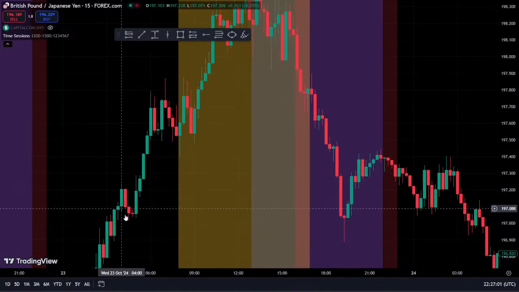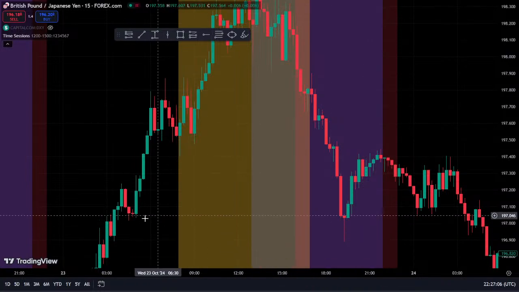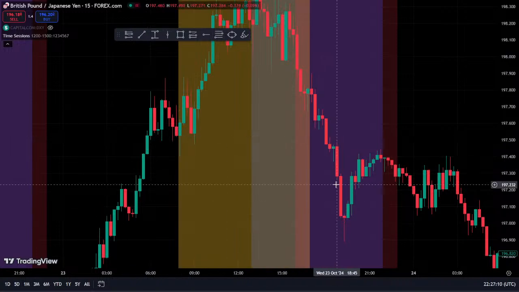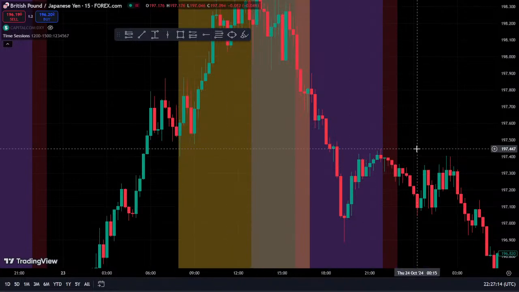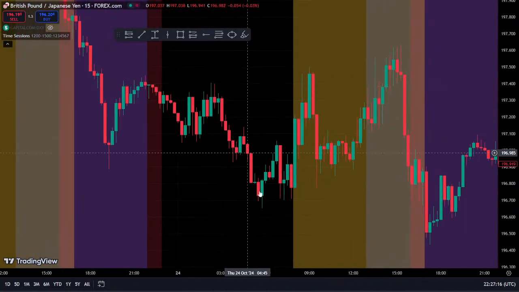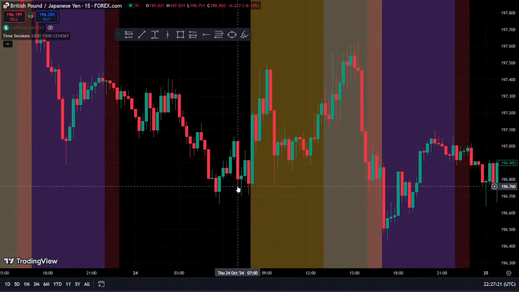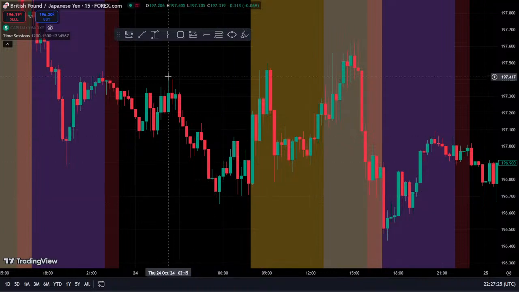As you can see, there was a low here, and I got taken out by liquidity here. This got taken out. This got taken out. Start of London. So far, this is the most prominent low, and this is the most prominent high.